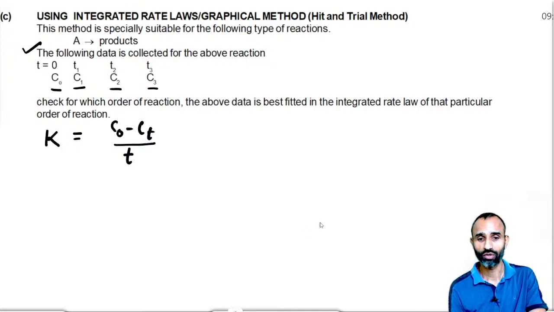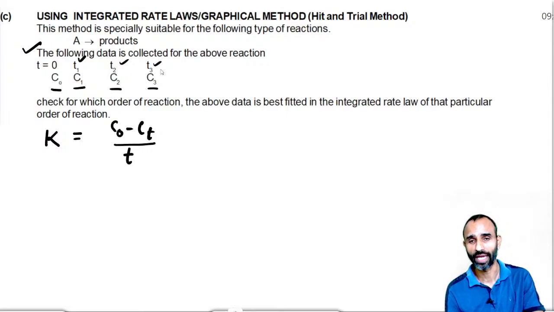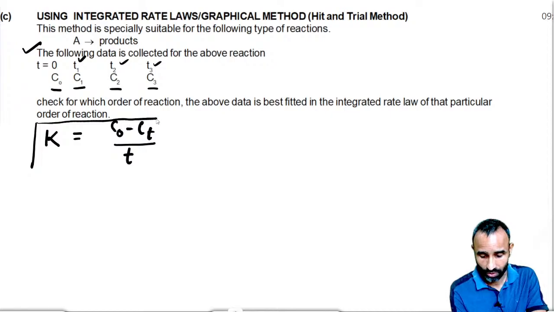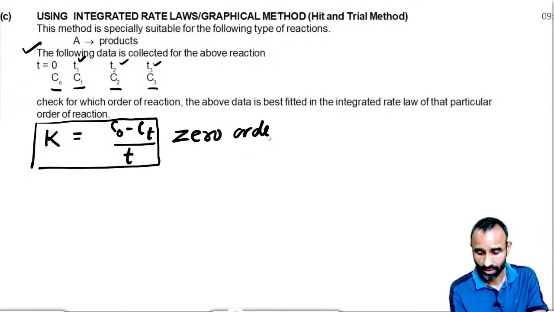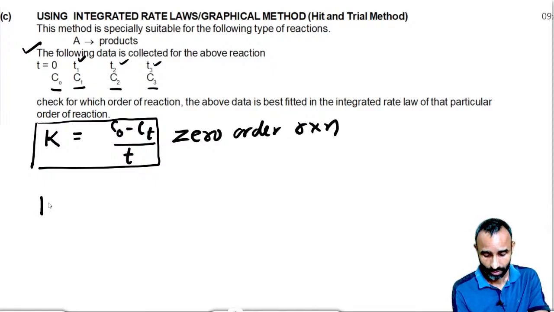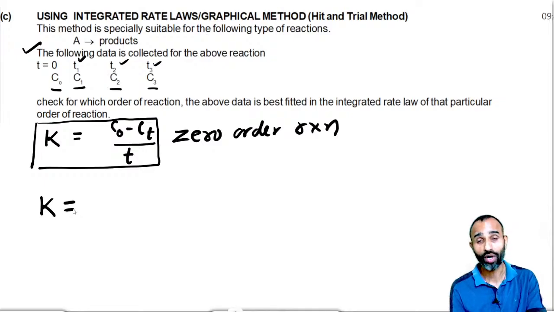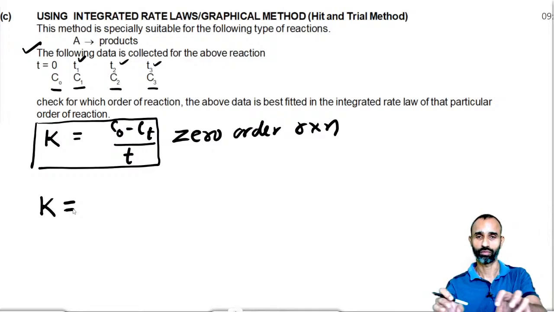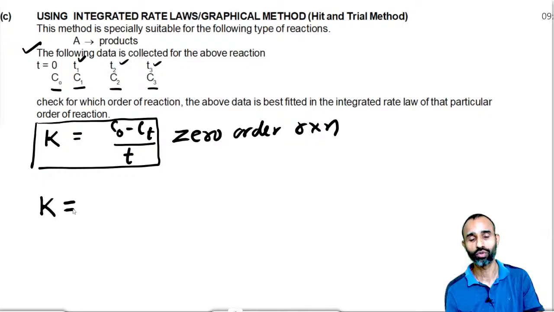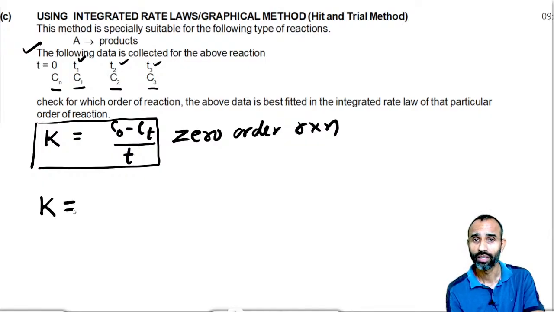So what we do, we calculate k at different times by fitting the data in this. If k comes out to be the same, then it is a zero order reaction. If it is not almost the same, then we shift to the next, that is first order reaction.